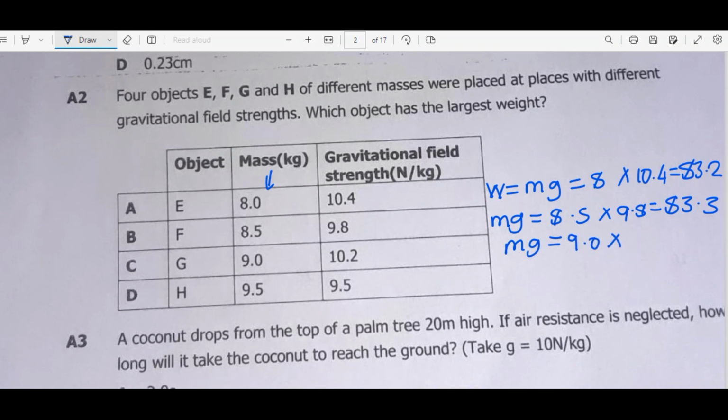Let's try this one. 9.0 times 10.2. So I'm getting 91.8 according to my calculator. Okay, for the last one, it's 9.5 times 9.5.